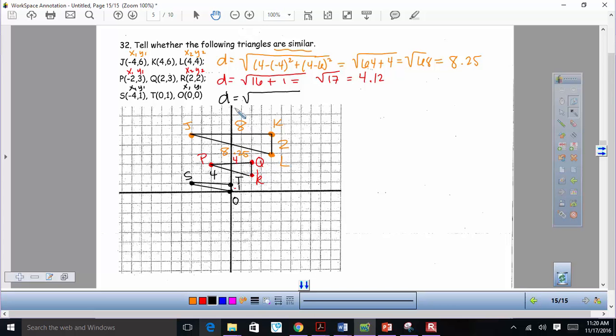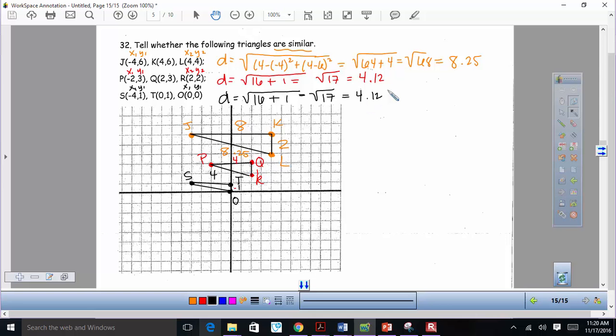Good. Okay, so from here we're doing -4 minus 0, which is -4. -4 squared is 16, plus 1 minus 0, which is 1. 1 squared is 1. So that is square root of 17, which would be 4.12.